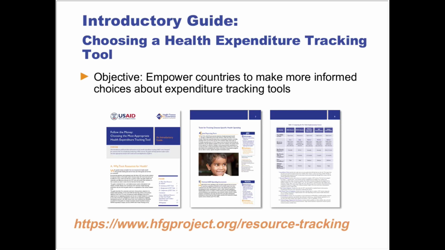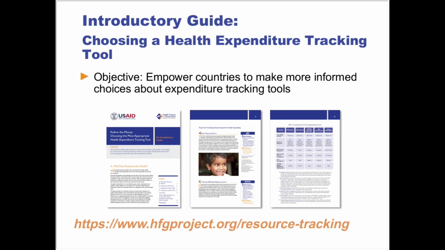And so we saw instances of data being produced, but not always meeting the needs of the country, and therefore the data wasn't being used to its full potential. Sometimes this also led to multiple tools being used at the same time, leading to some duplicative data collection and also having different figures from different tools that could cause confusion.